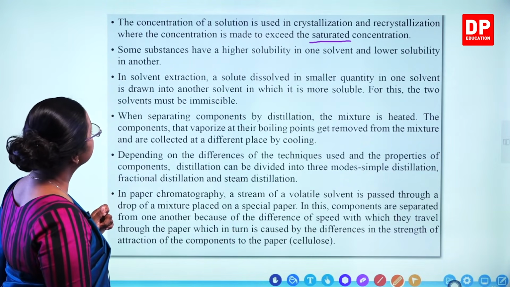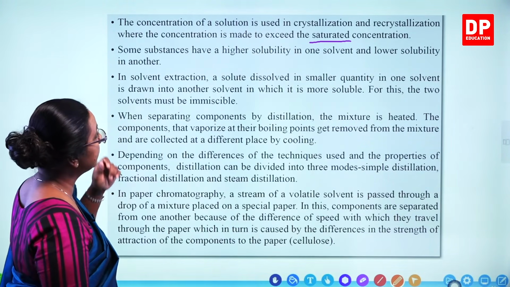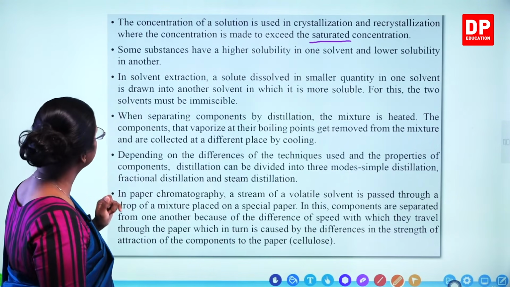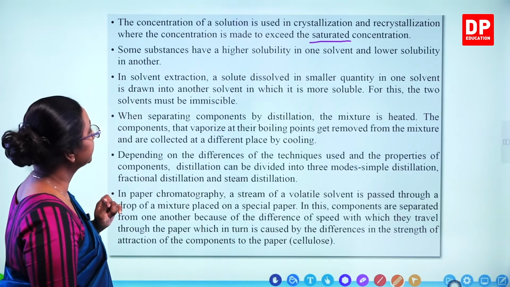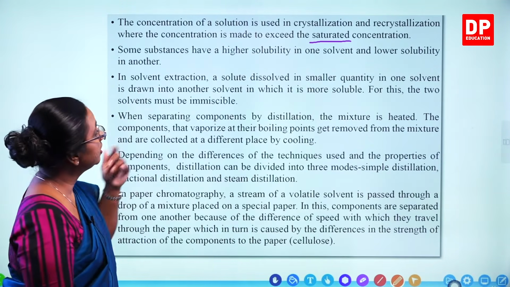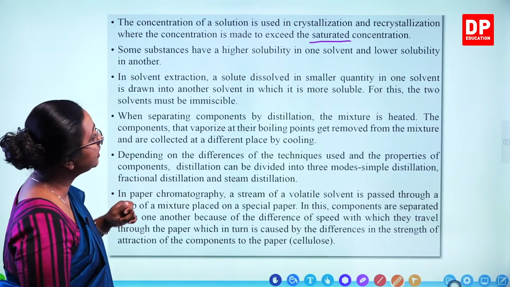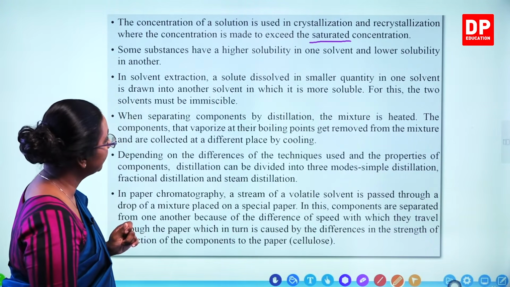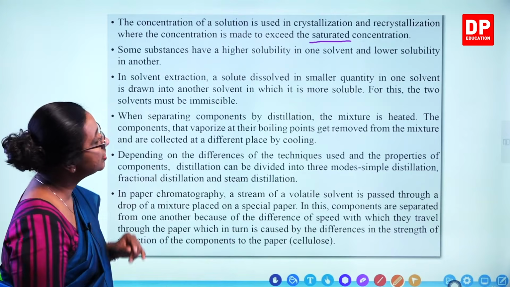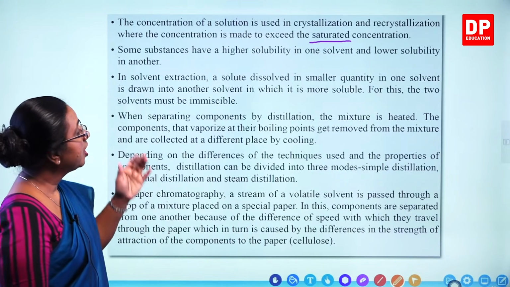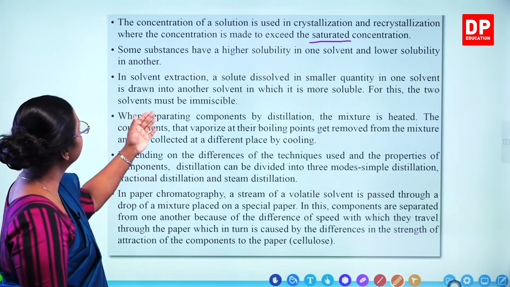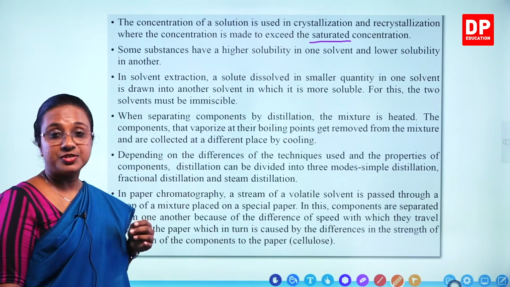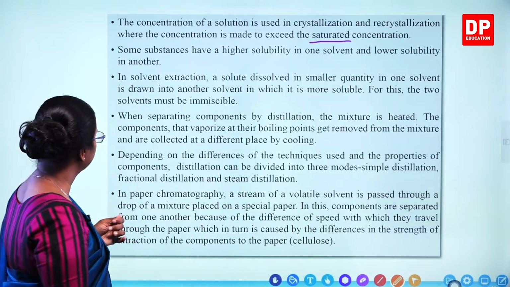Some substances have a higher solubility in one solvent and lower solubility in another. In solvent extraction, a solute dissolved in smaller quantity in one solvent is drawn into another solvent in which it is more soluble. For this, the two solvents must be immiscible. So, that is the process of solvent extraction.